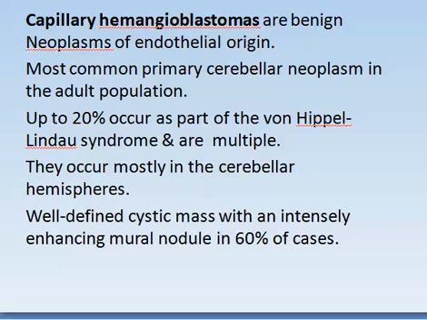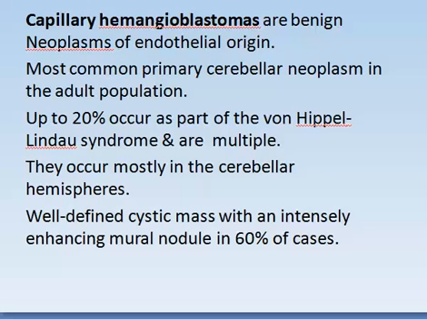Now coming to the capillary hemangioblastomas, which, as we know, occur usually in adults with age 35, and are the most common cerebellar neoplasm in adults, up to 20% as part of the von Hippel-Lindau syndrome, and are multiple.